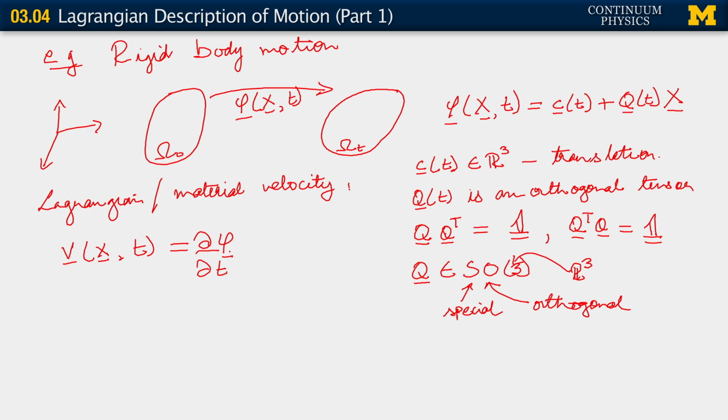That's easy enough to do once we know what phi is, and this is simply c dot, remembering it's a function of t, plus Q dot x, and Q also is a function of time. That is our material velocity, and likewise we have the Lagrangian, I'll use that as short for Lagrangian, or material acceleration.